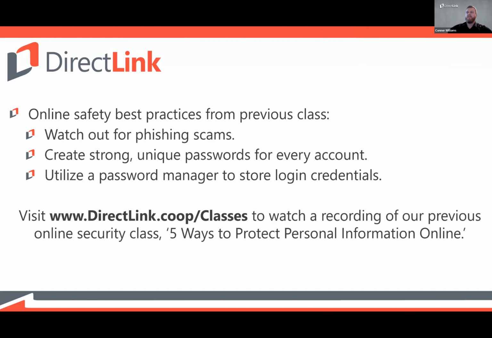In our first online safety best practices class, we talked about several key ways that you can stay safe online, things that you can watch out for and things that you can do. I invite you to watch the recording of that class if you didn't make it. But we'll go over briefly some of the main takeaways from that class.